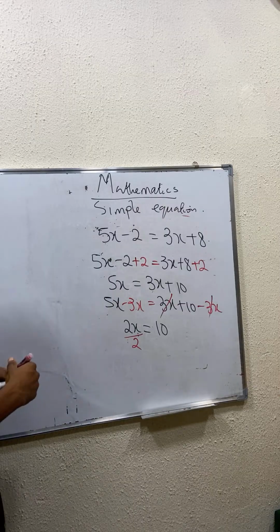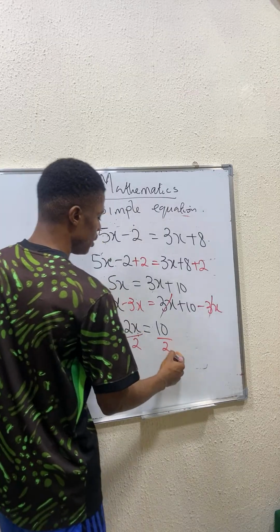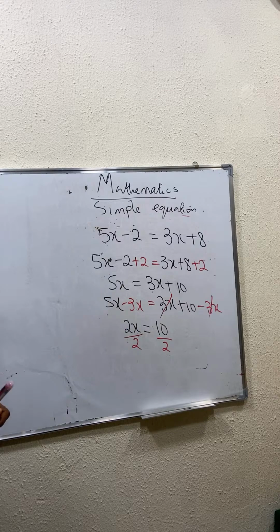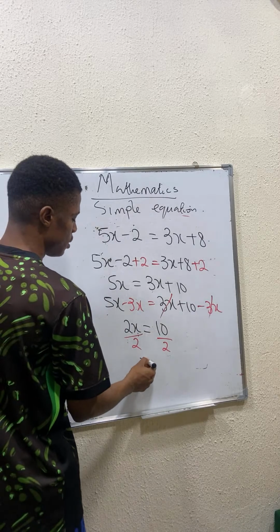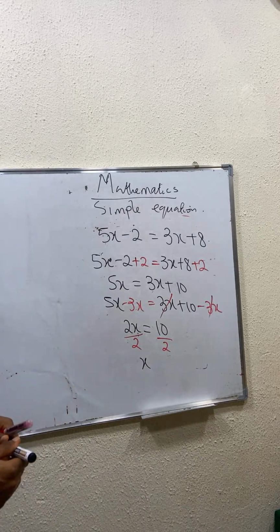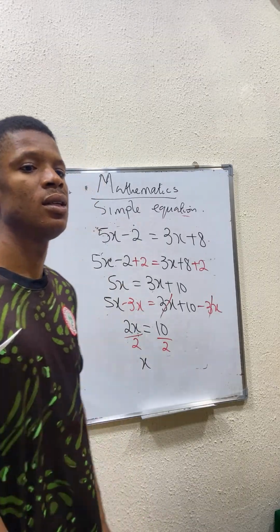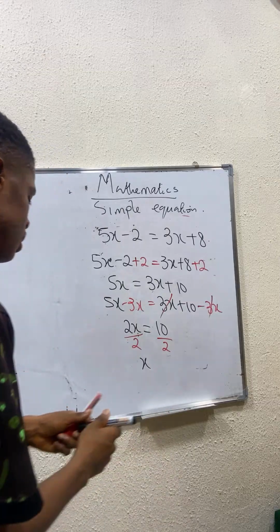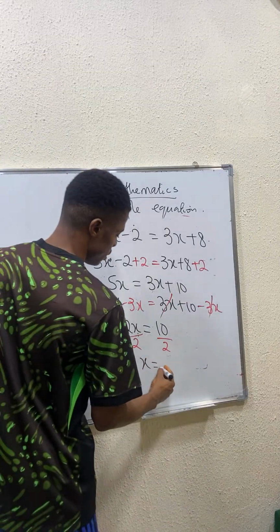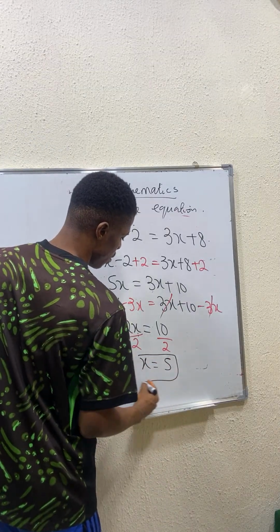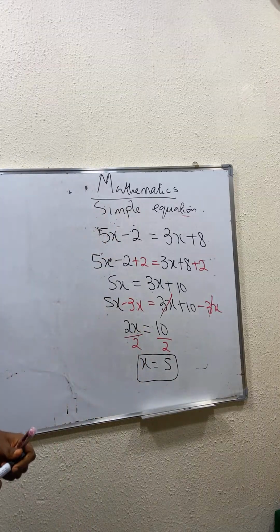If you divide by the coefficient, x equals 10 divided by 2. What is 10 divided by 2? 5. Excellent. x is equal to 5. And that's the answer. So I want you to write it and let me know.